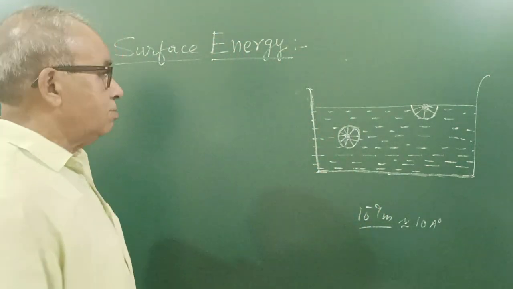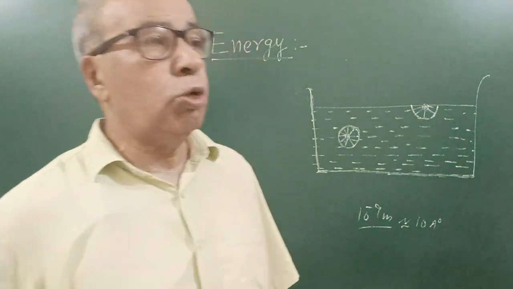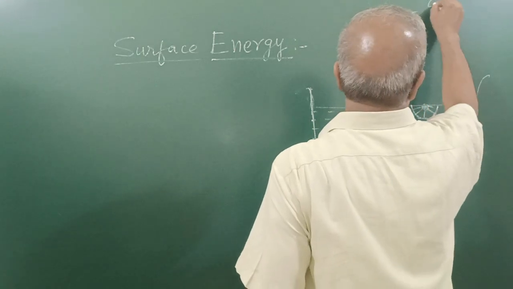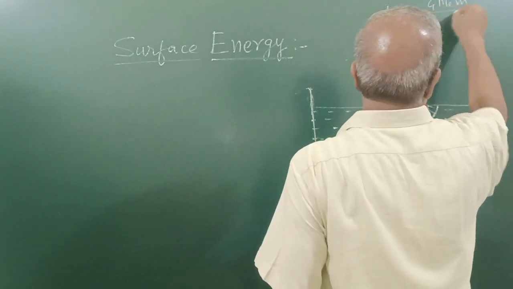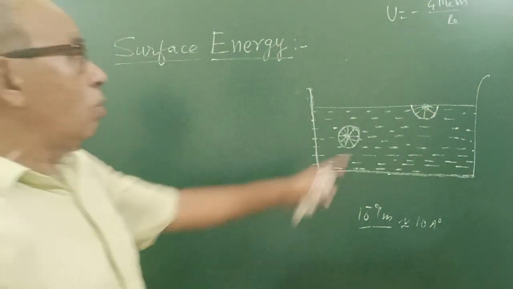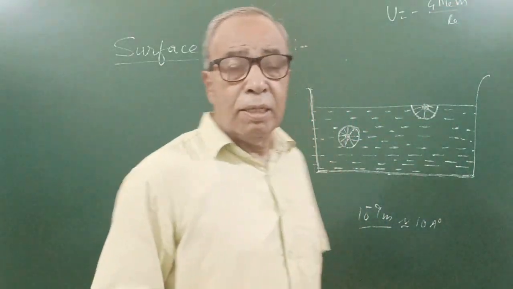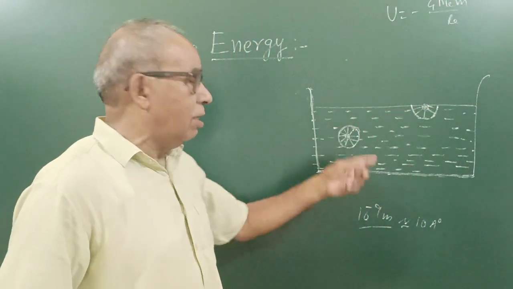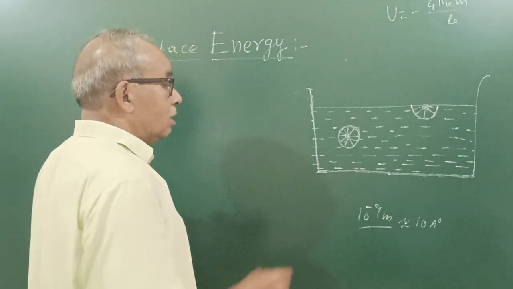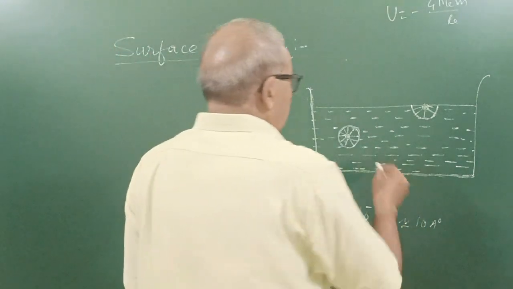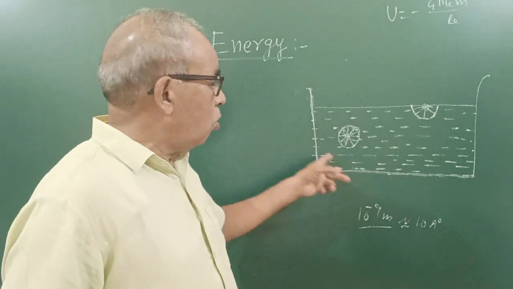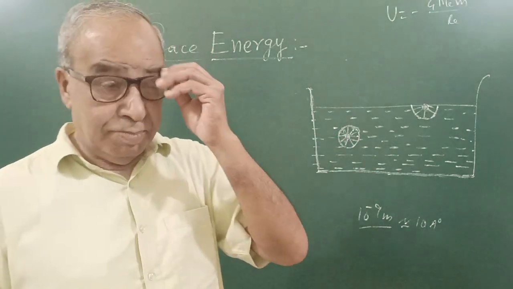You know, I have taught you in gravitation that the potential energy of a body on a surface is minus G M E M upon R E. It is because of gravitational force between the body of mass small m and earth. Similarly, a molecule which is attracted in all directions has some negative potential energy, and almost the energy of all molecules inside the liquid is the same.